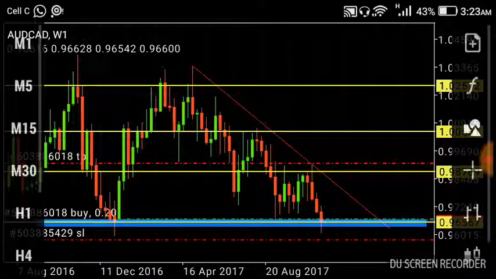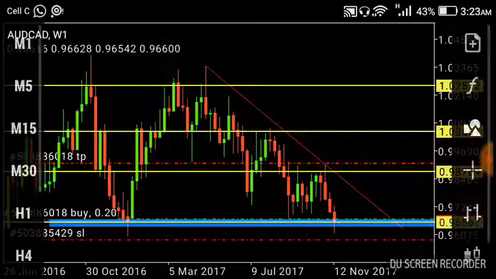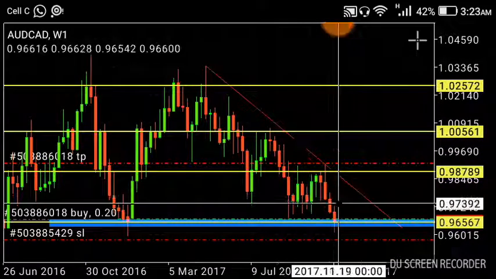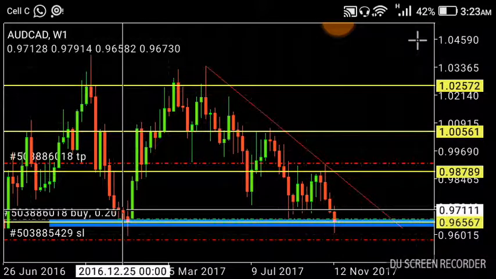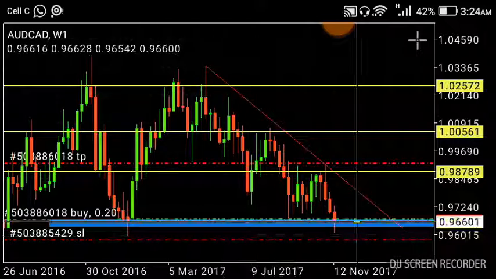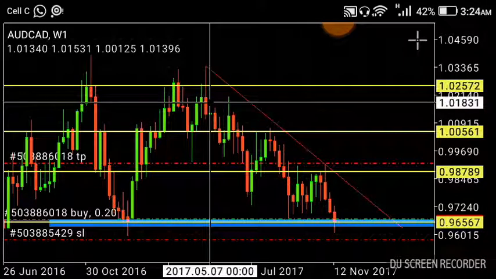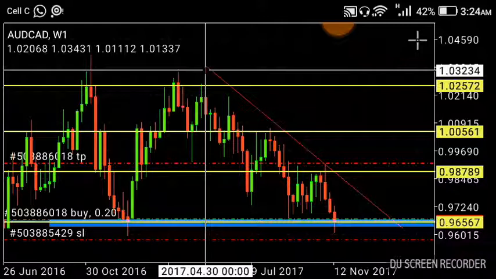So now we can anticipate that because of the similarity in the price action of this previous week candle, which is very similar to this week's candle, we can anticipate for it to actually start reversing and moving upwards, because now as you can see from the top of this downtrend here, this has been from April this year.